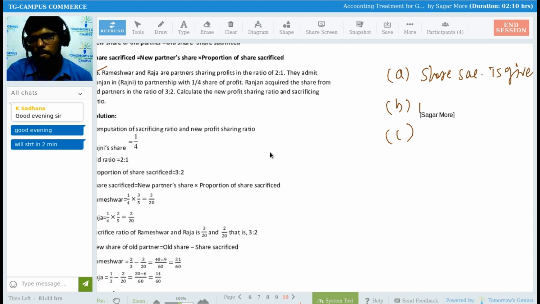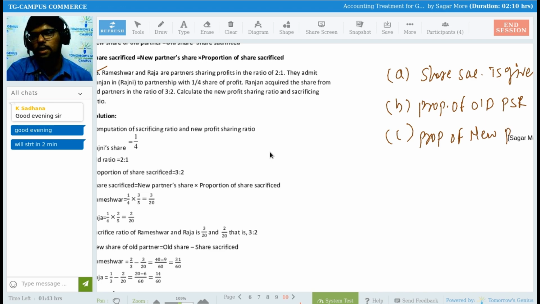In B case, proportion of old PSR is given. And third, the new partner's share is given or PSR is given.